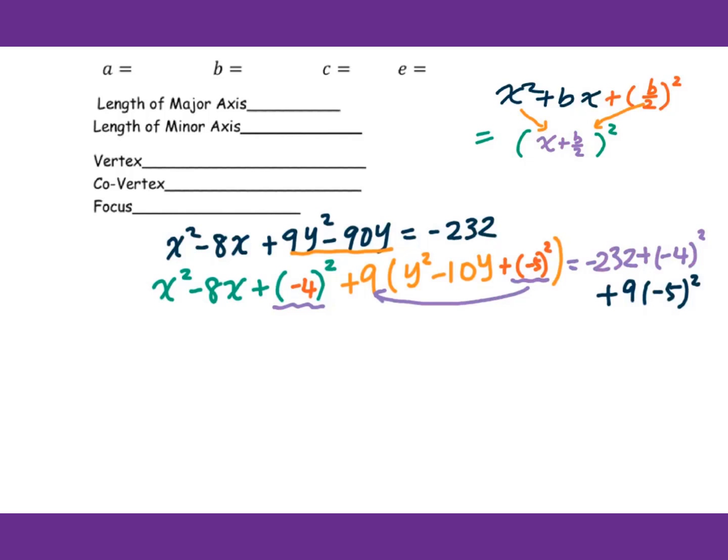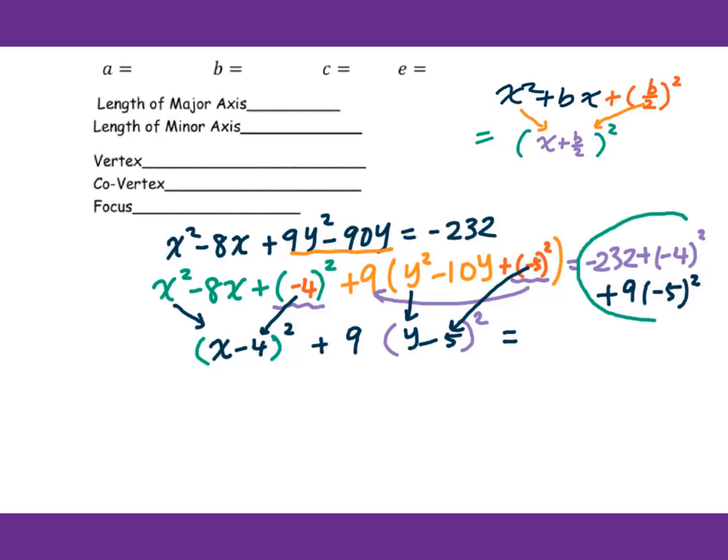Now we do the completing the square. From here, I will get the x, from here I got negative 4 squared plus 9. I get the y from here, negative 5 from here, equals. We put all this into the calculator.